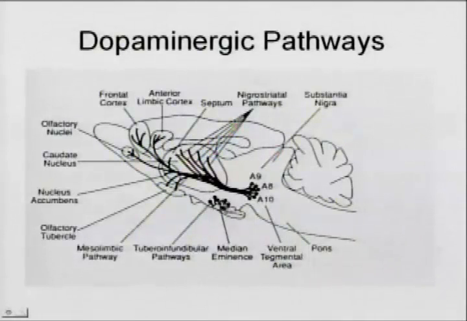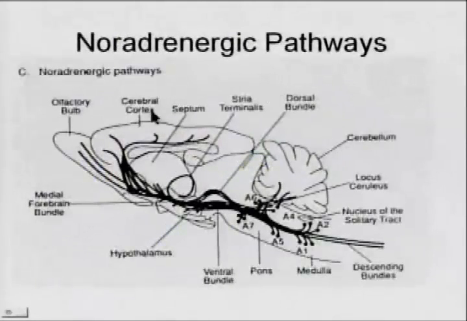And then there's the tubero-infundibular pathways that we've talked about for dopamine release at the median eminence to affect the anterior pituitary. The noradrenergic pathways are shown here. So there is the A1, A2, A4, A5, A6, and A7.